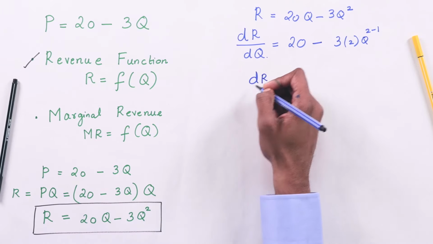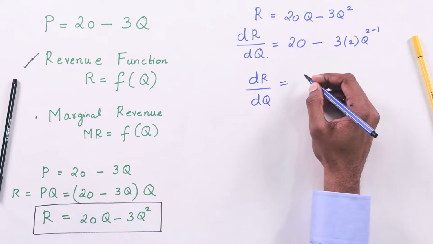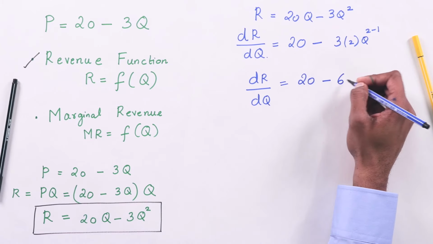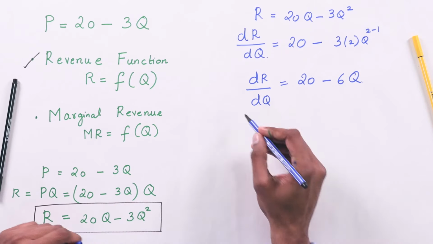Therefore, dR over dQ, our marginal revenue, is equal to 20 minus 6Q, and that is our marginal revenue function.